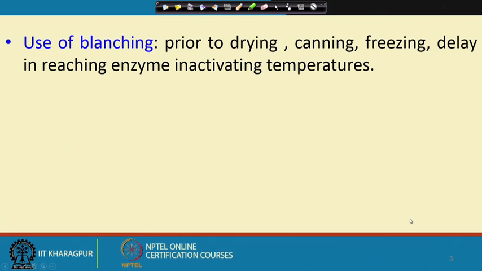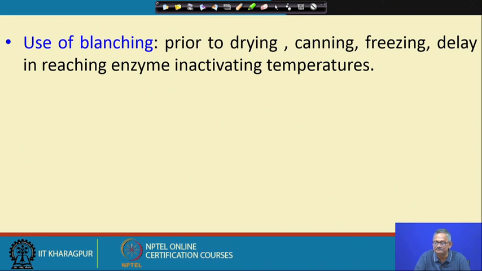So, generally blanching is done by heating around 75 to 95 degrees centigrade for around 1 to 10 minutes. That again depends on the product.